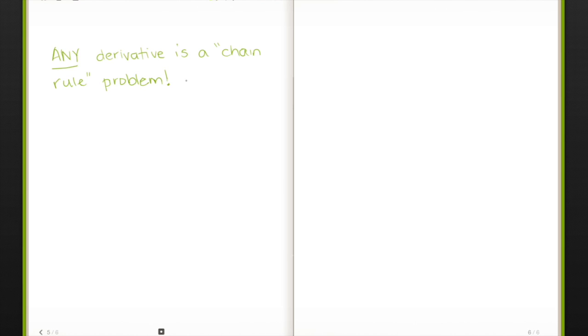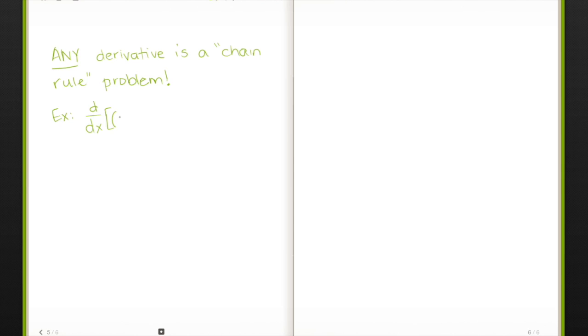The chain rule is again just telling us what order to take the derivative in, and to remind us to take the derivative of both the inside and the outside. So let's look at a problem that will be a proof that any problem is a chain rule problem by tackling one that we know how to solve.